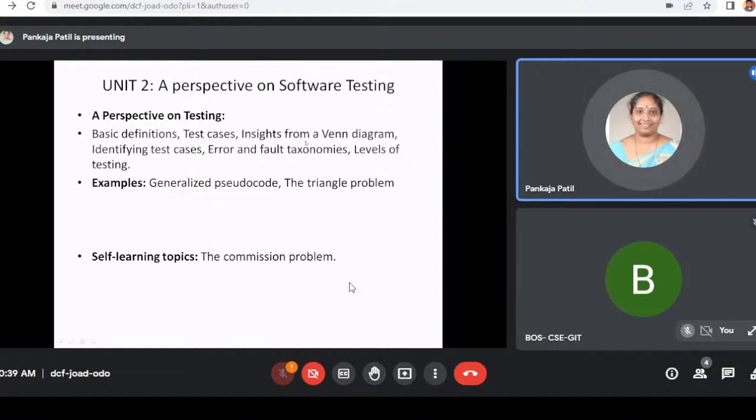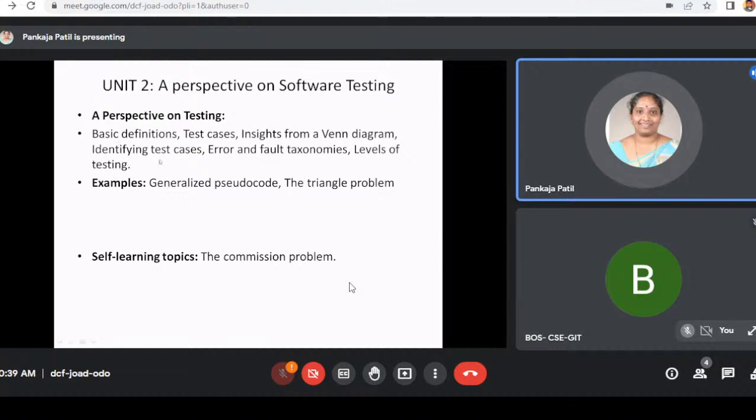And here you are going to study the Venn diagram, which represents what things are specified, implemented, tested, and put to work. You are going to draw a Venn diagram to indicate whether all the requirements specified in the beginning are satisfied or not.